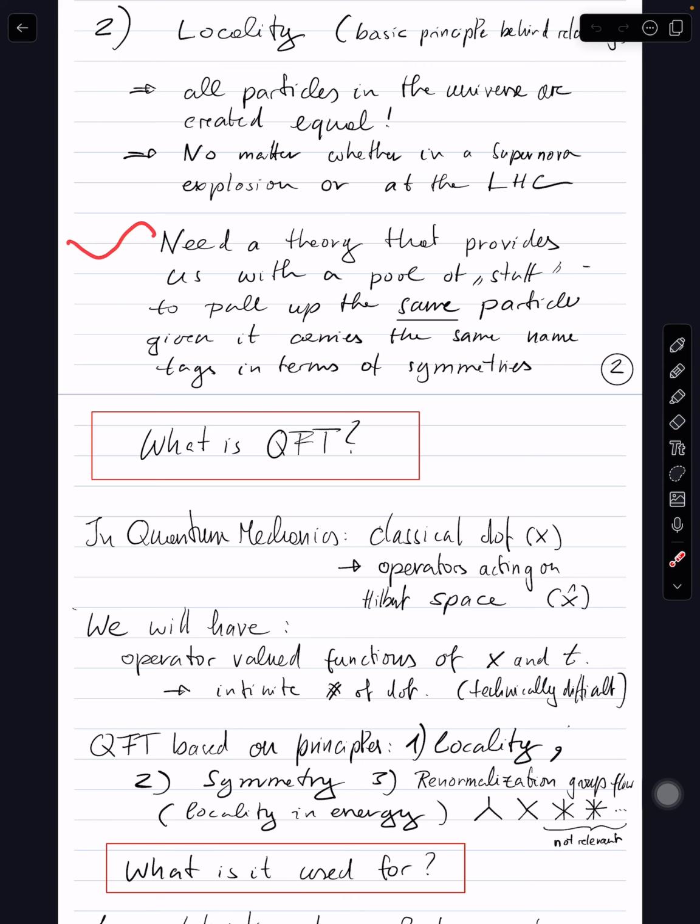And this is a very heuristic argument why we actually need a field that will permeate the entire space and time, and exciting that quantum field will provide us with objects with the same properties, no matter where and when we excite them. This locality in space and time and universality of creation of particles brings us to the concept that we actually need fields. So fundamentally, we will have to deal with continuous properties that span the entire space-time.